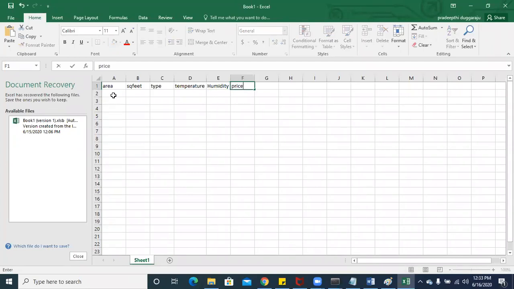Now tell me, what is the correlation between area and price? Is it necessary to have area to predict the price of a house?